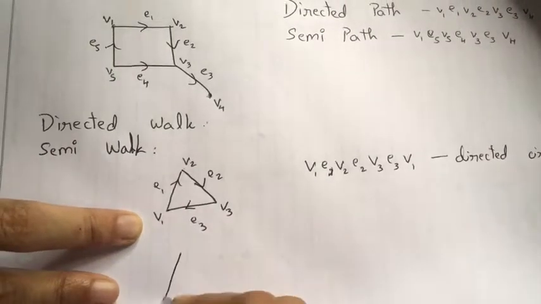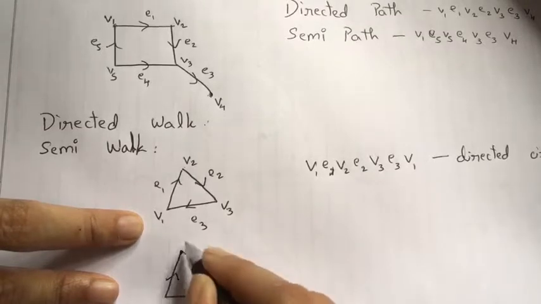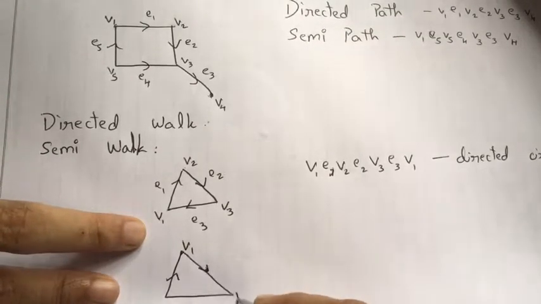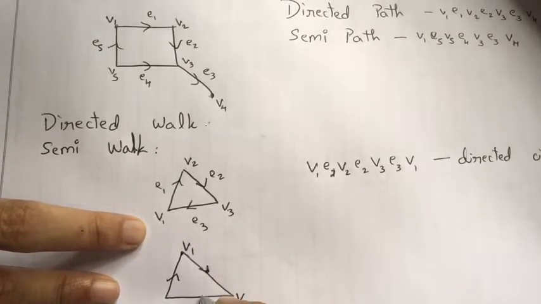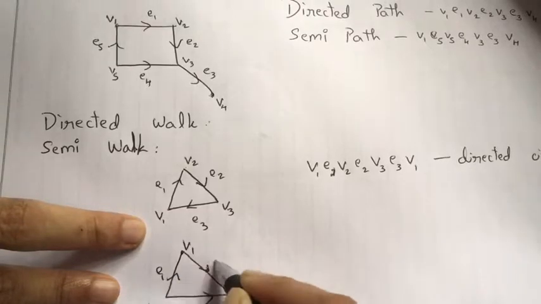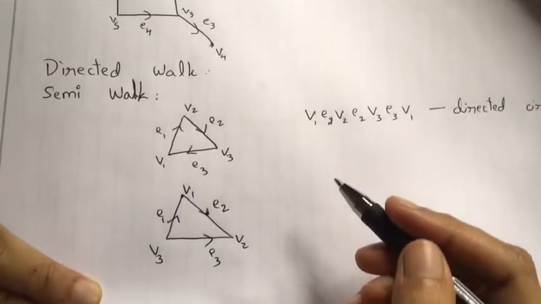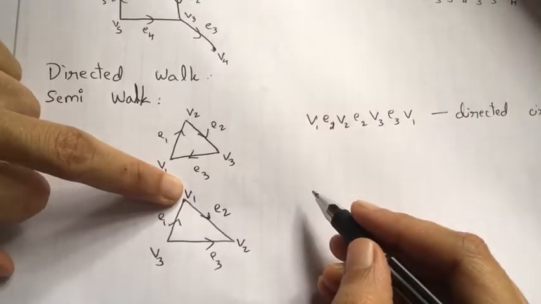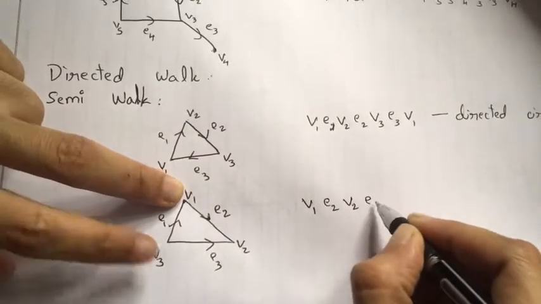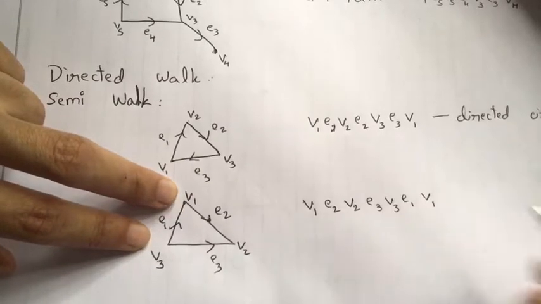But if I consider it like this, say V1, V2, V3 with the edges say E1, E2, E3 like this. In this case, if I start this way, then V1, E2, V2, E3, V3, E1, and I'm coming back to V1.